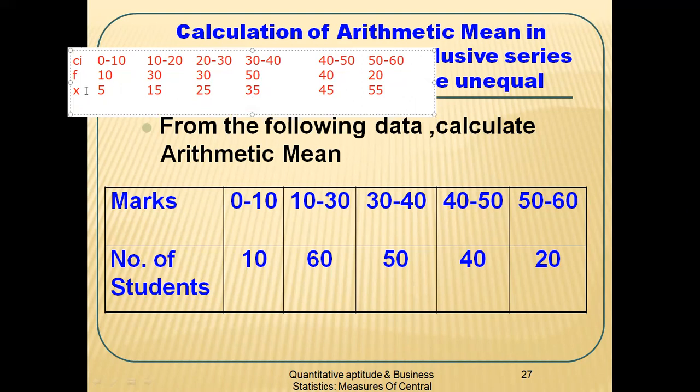Now f is there, x is there. Can we calculate fx? The first fx is 10 times 5, that is 50. Then 30 multiplied by 15. How much is 30 multiplied by 15? That is 450, I think. Is it 450? Okay. Then 30 multiplied by 25. Please calculate and tell, what number do you get?